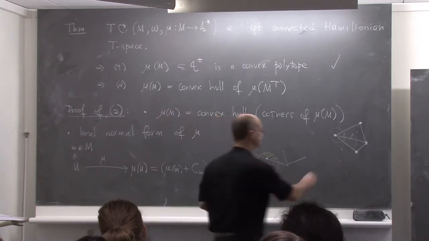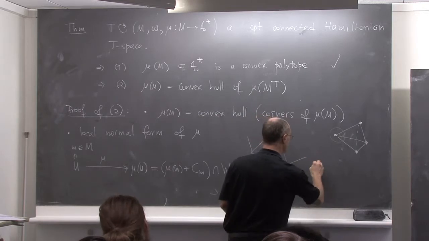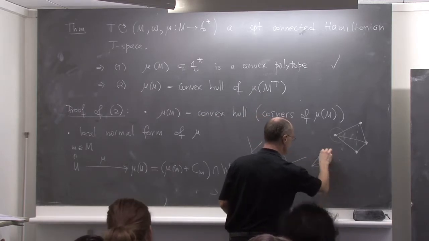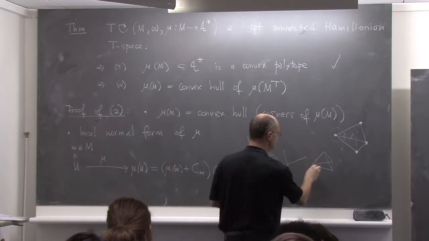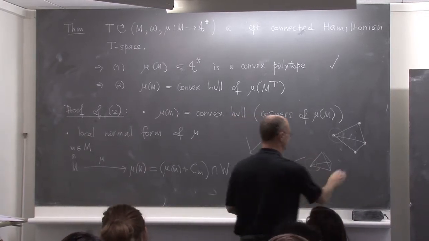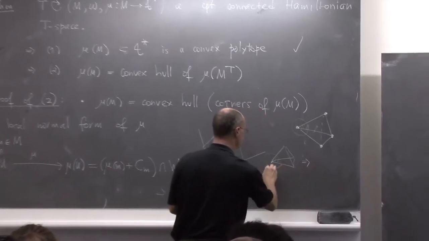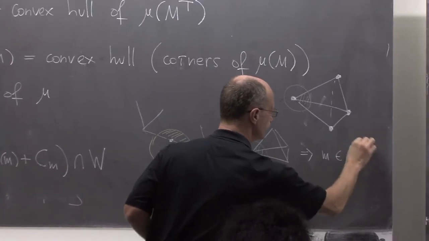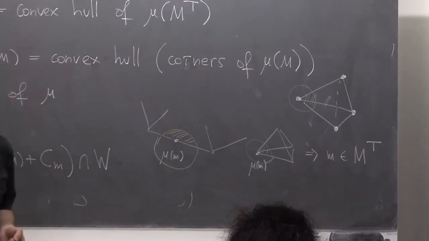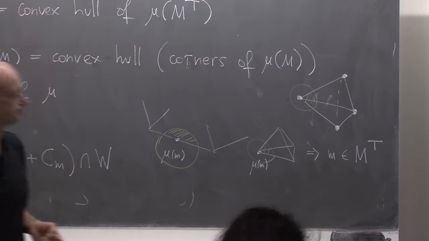So the statement is, if the local normal form is like that, so then this means, so that's mu of m, this means that m is in M^T.